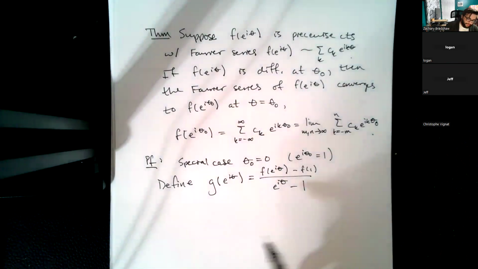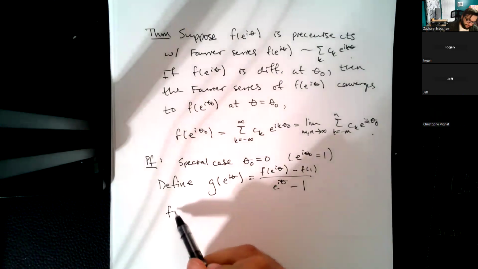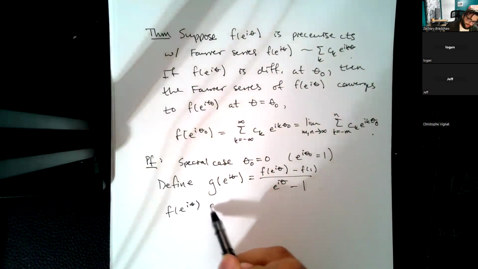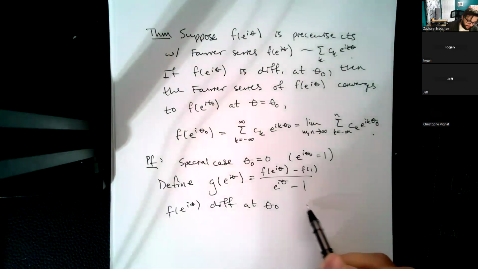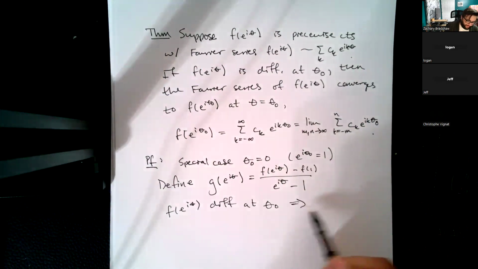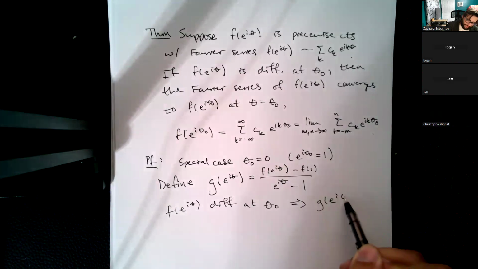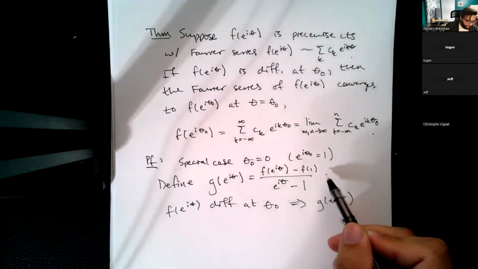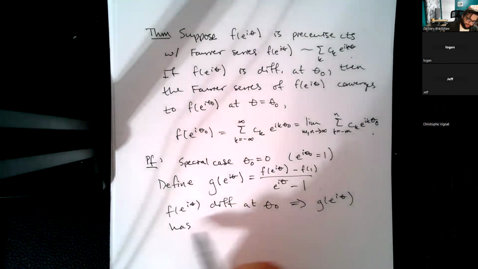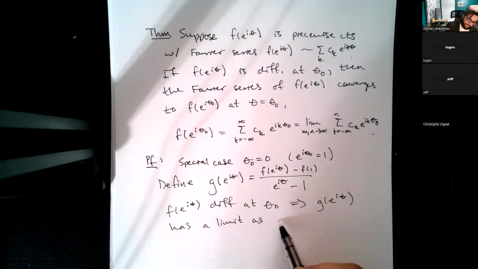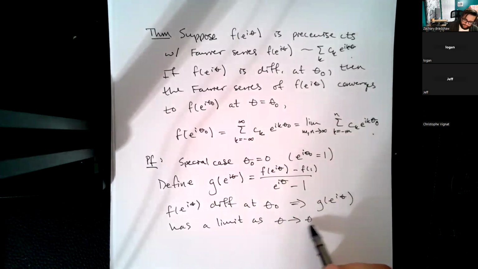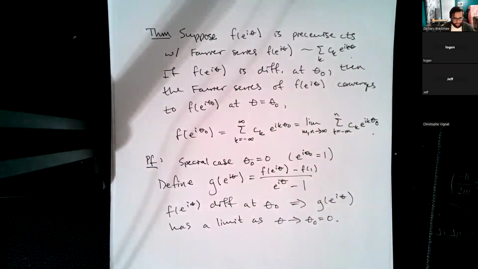The differentiability of f of e to the I theta at theta naught implies that g of e to the I theta, which is this difference quotient, has a limit as theta approaches theta naught, which is, we're assuming, 0.